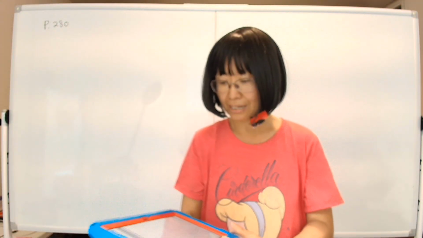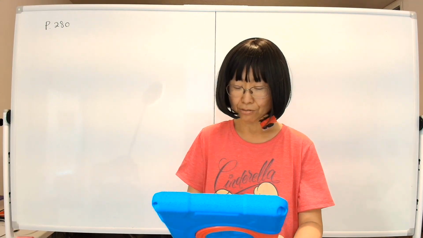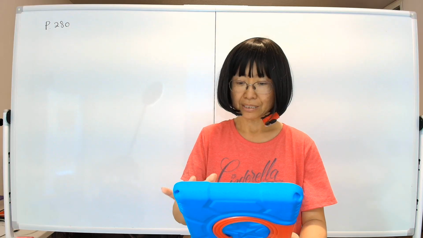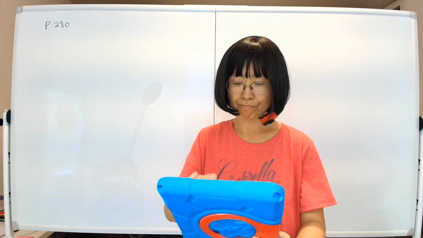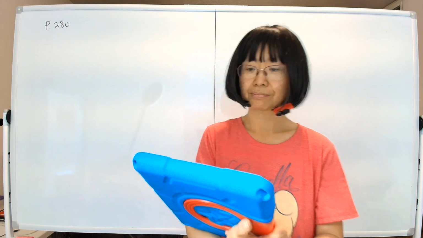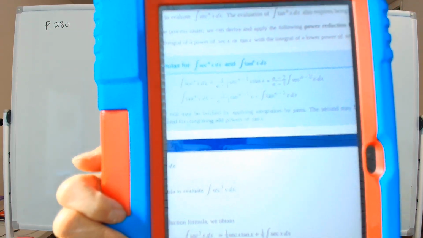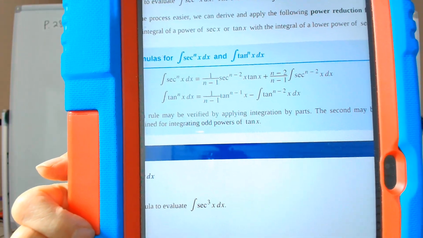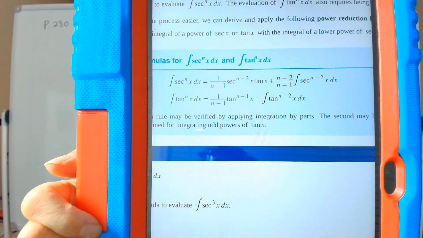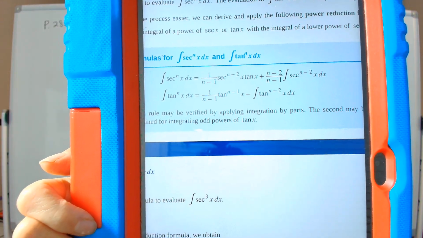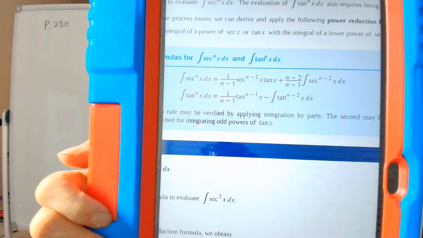Now that trick can be generalized into the formula on the next page, the reduction formula, which says that when you integrate secant to some power n, in general, you can follow this particular formula to knock it down. Where's the tangent? Well, I guess they went all the way down to the bottom, maybe?